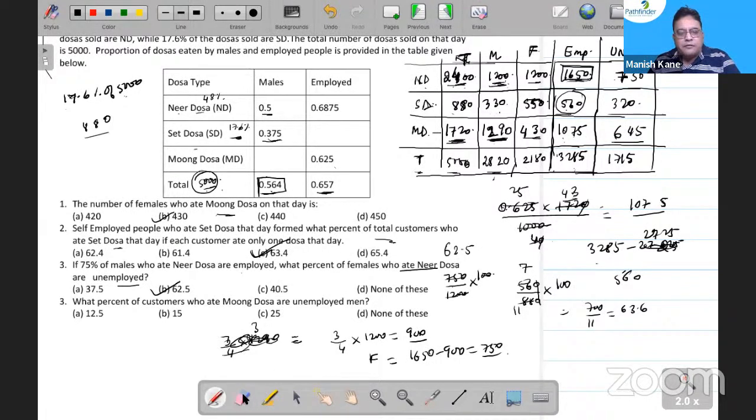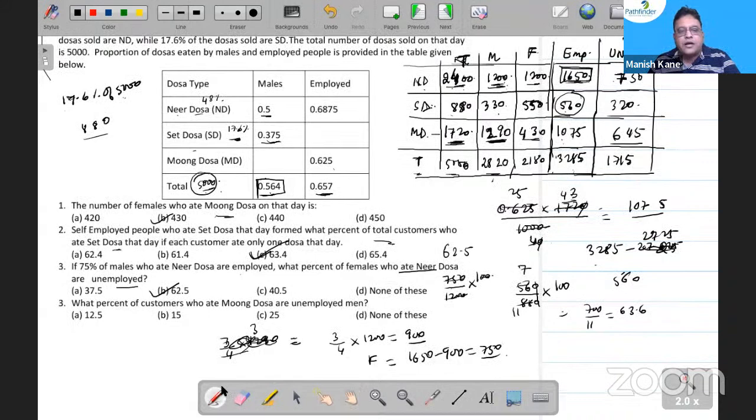And what percent of customers who ate neer dosa are unemployed men? Now, this question you cannot answer from the given data. Why? Because there is no distinction, there is no differentiation of unemployed men and women from the question.